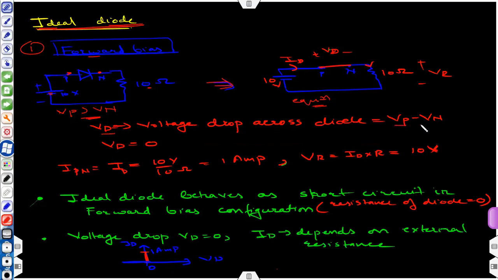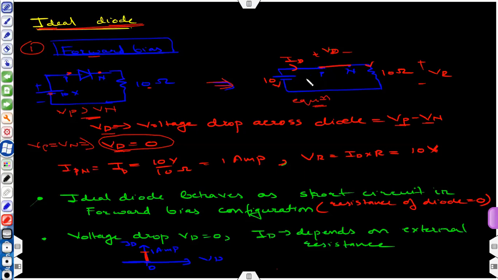VD is given by Vp minus Vn, positive with respect to the P terminal. In this case, Vp and Vn are connected via a wire, so Vp will be equal to Vn. Hence, VD is zero. So the voltage drop across the diode is zero.